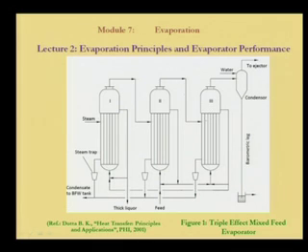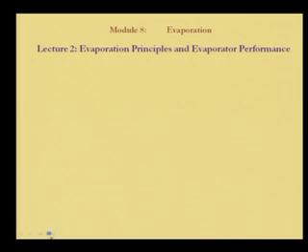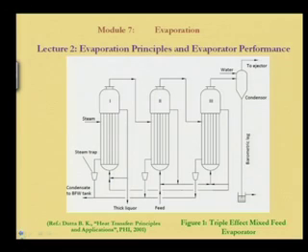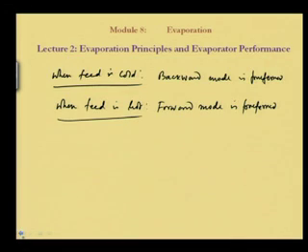So, all the vapor may not be used up for the vaporization purpose, and we will be losing. So, if the feed is hot, we should use forward mode of heat transport.